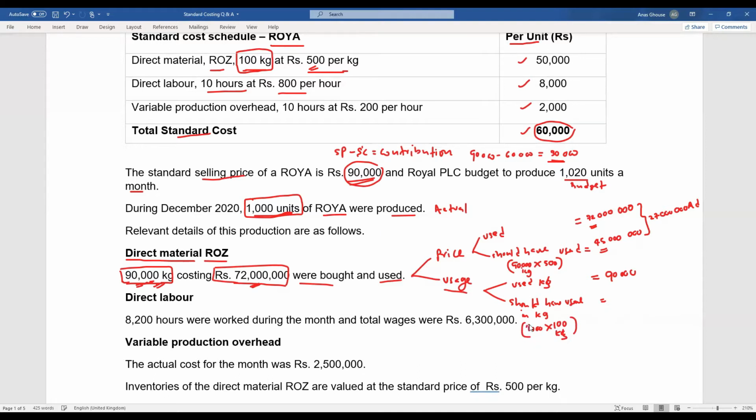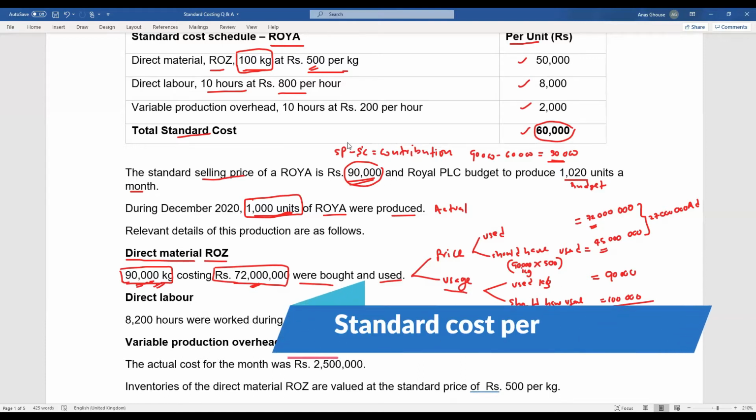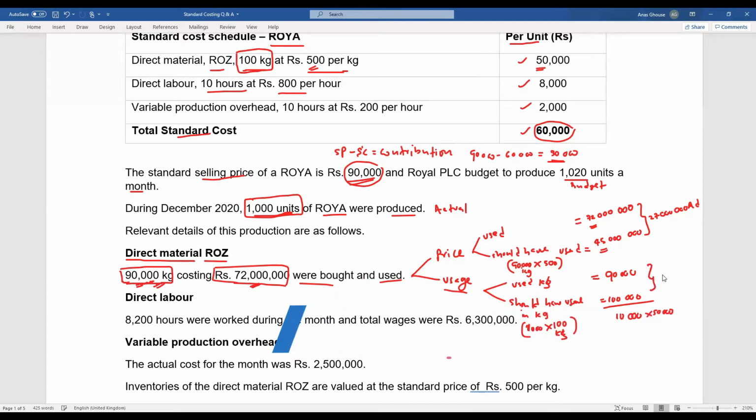to produce 1,000 units we should have used 100,000 kg. So there is a 10,000 kg difference, times our standard cost of 50,000. So 10,000 times 50,000 will be 5 million.